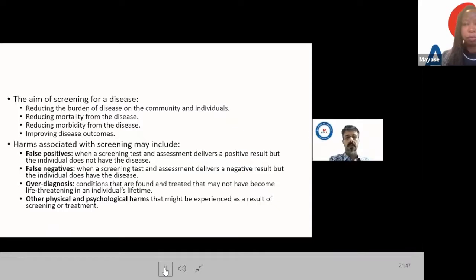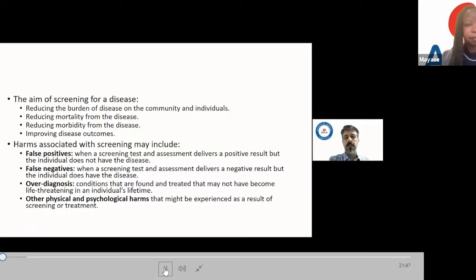So if you're screening a lot of healthy patients, potentially you can have false positive results, whereby the person doesn't have the disease, but the test says that they do. And that can obviously lead to quite a lot of anxiety around that potential false diagnosis in that patient.